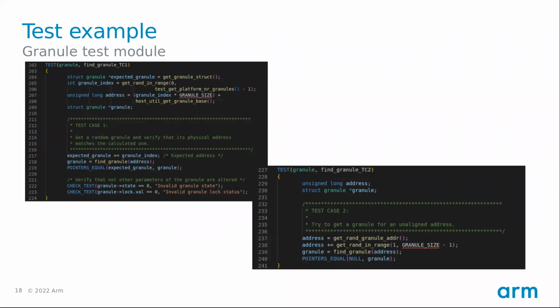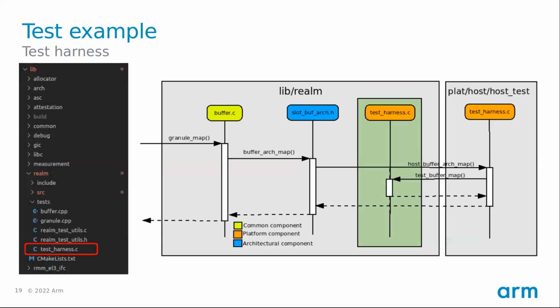Okay, so here I think it's a very important part to understand how the test harnesses work. Remember that before I explained how the harnesses work for the fake host platform when we were using the host build variant.